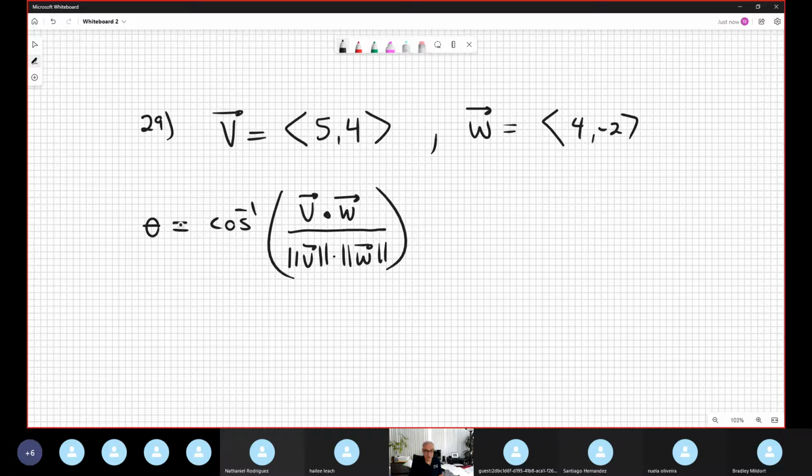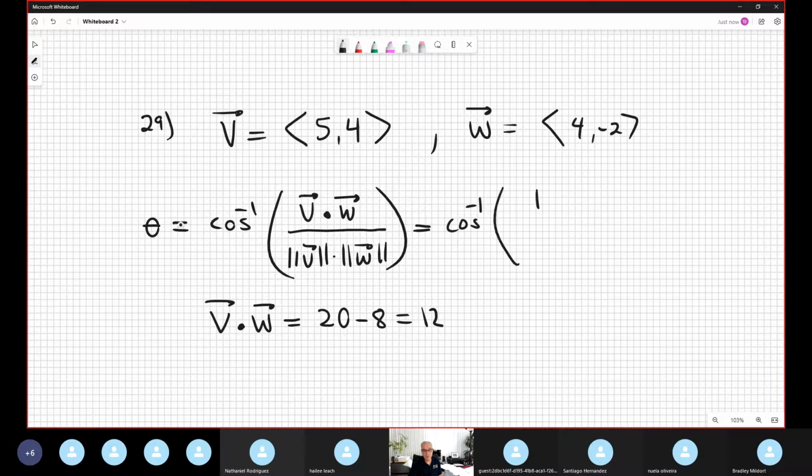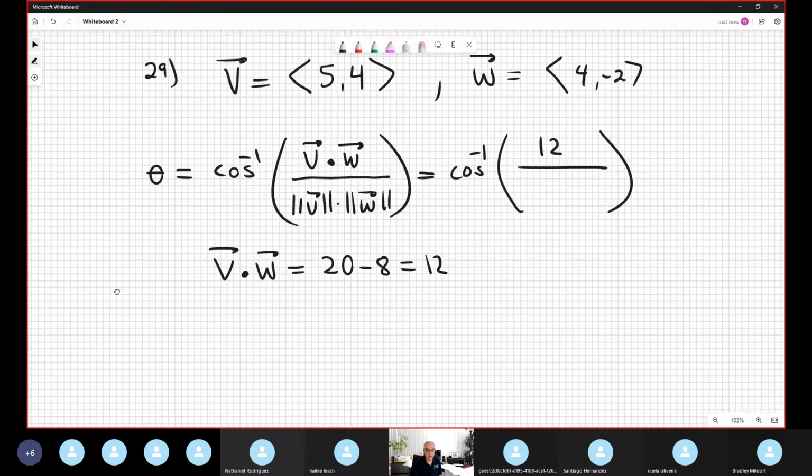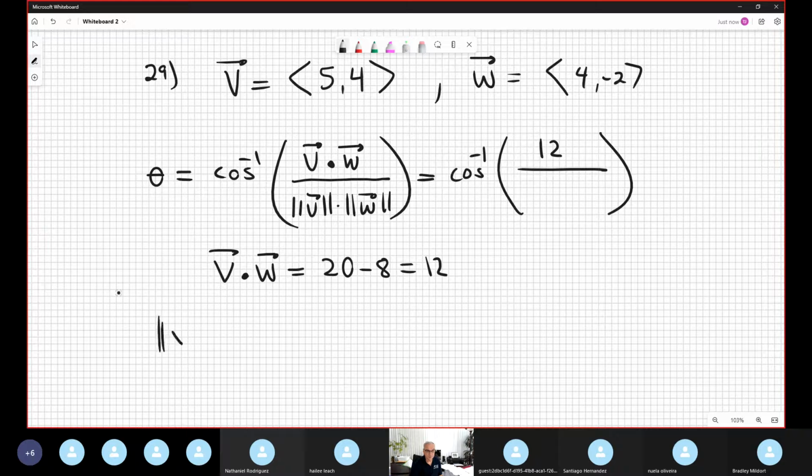Okay, let's do it step by step. B dot product W. You multiply 5 times 4, 20. And 4 times -2 is -8. This is 12. So far, we have cosine inverse of 12 divided by something. And magnitude is super easy. Magnitude B is the square root of 5 squared plus 4 squared. 5 squared is 25. 4 squared is 16.